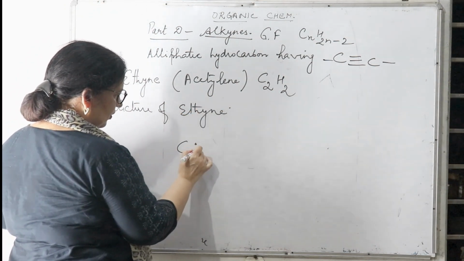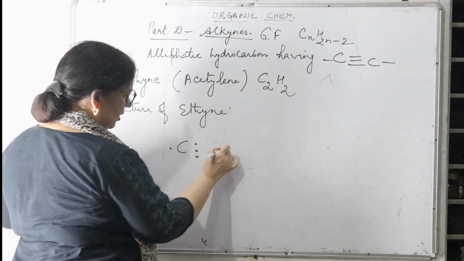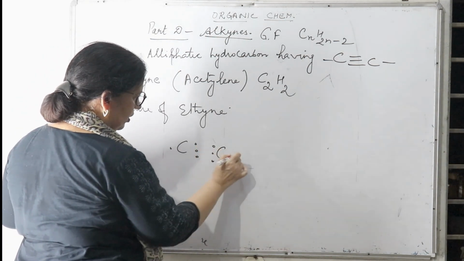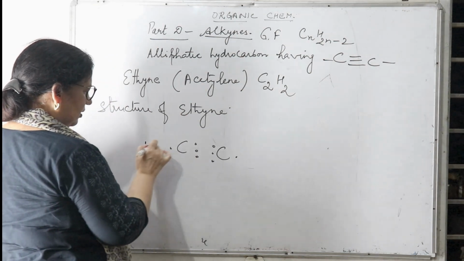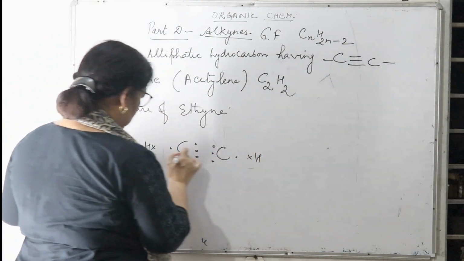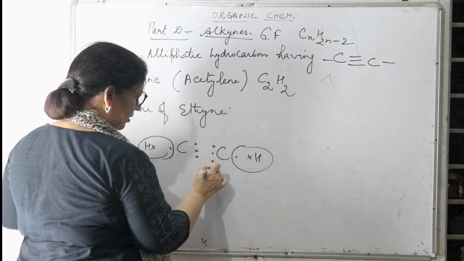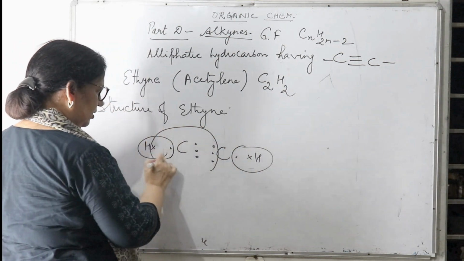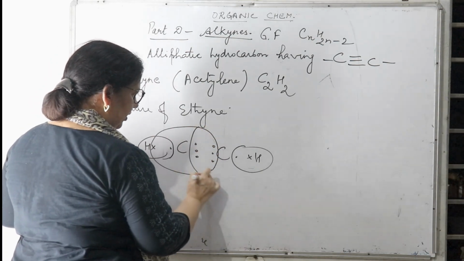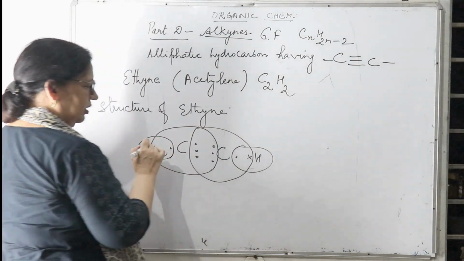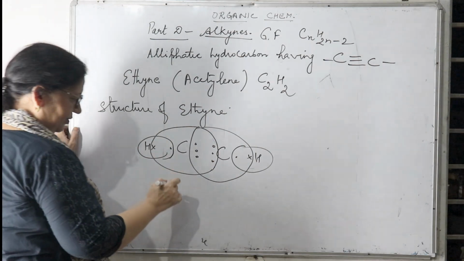Carbon has 4 electrons in the outermost shell. This is another carbon, also having 4 electrons, and 1 hydrogen, sharing an electron with the hydrogen, and this carbon will complete the octet by sharing electrons with the carbon as well as hydrogen.